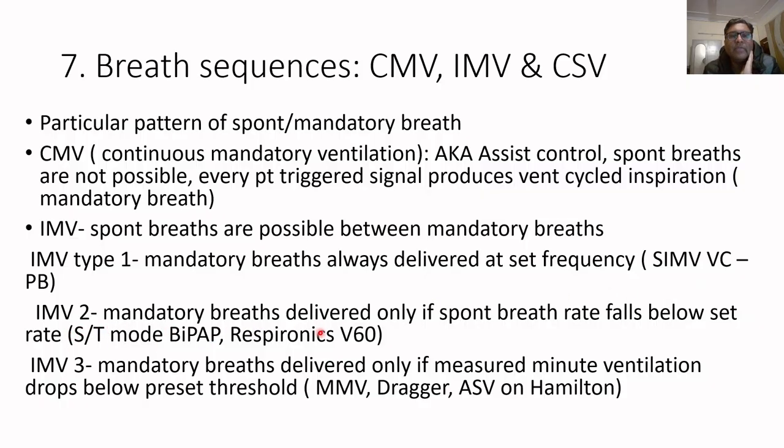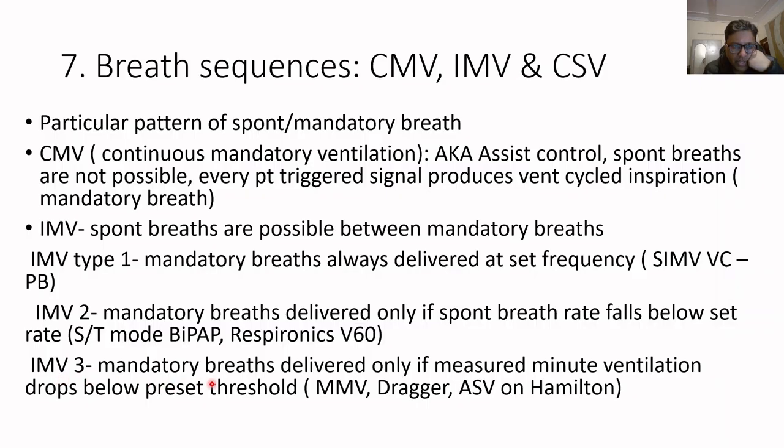IMV2 is where mandatory breaths are delivered only if the spontaneous breath rate falls below a set frequency. An example would be the ST mode in a BiPAP or the Respironics V60 ventilator in the BiPAP mode. Suppose the spontaneous breath rate falls below a set rate, then mandatory breaths will be delivered. So here, spontaneous breaths will be able to suppress mandatory breaths.